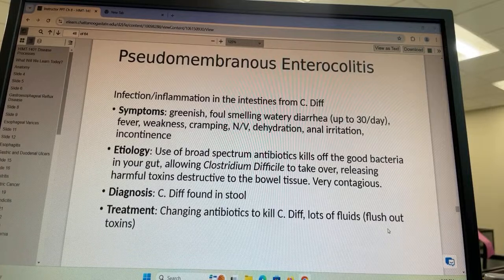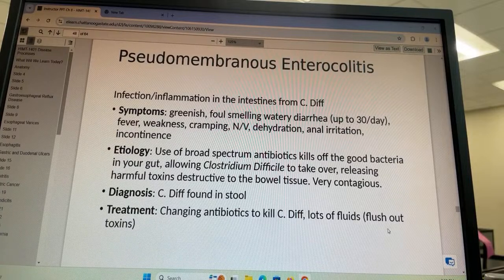Vancomycin is one of the strongest, toughest antibiotics that we have. It's very commonly used for extremely severe bacterial infections. It's pulling out the big guns. So vancomycin is kind of like the last resort antibiotic to kill off something if someone has an infection.